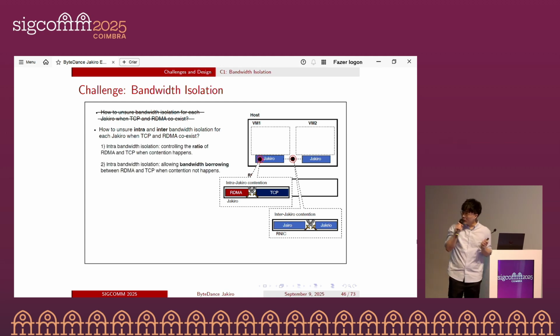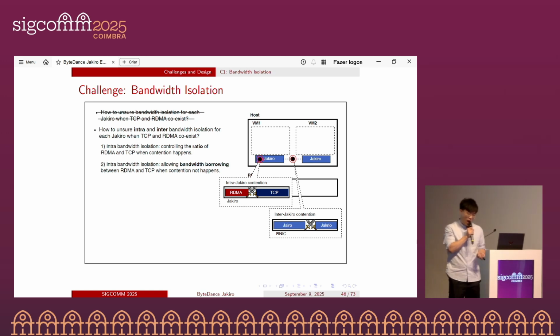So to be more precise, intra bandwidth isolation means that we need to control the ratio of RDMA and TCP when contention happens. Beyond that, when there's no contention, we need to allow bandwidth borrowing between RDMA and TCP.